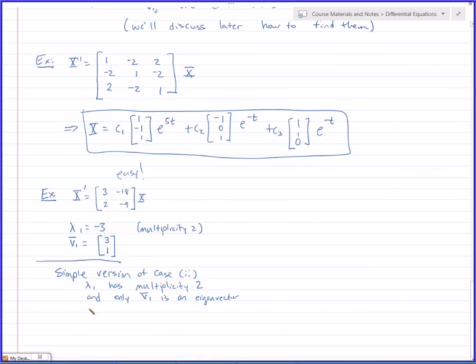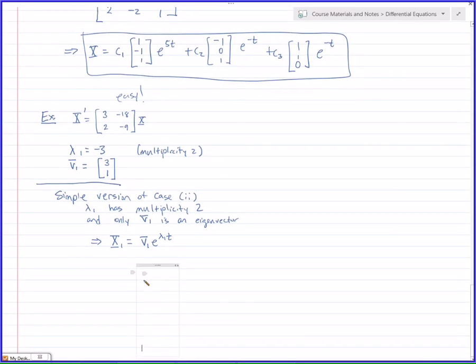Okay. So in that case, your x1 will still always be, even though I used v11 in the notation, turns out that v1 is the part of your first solution, v1 e to the lambda 1t. Vector right there.